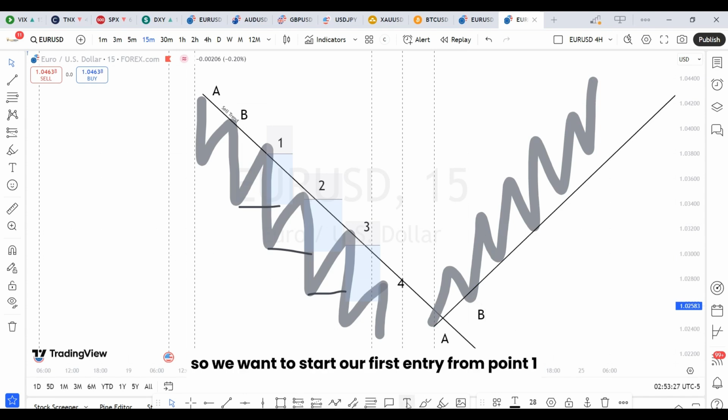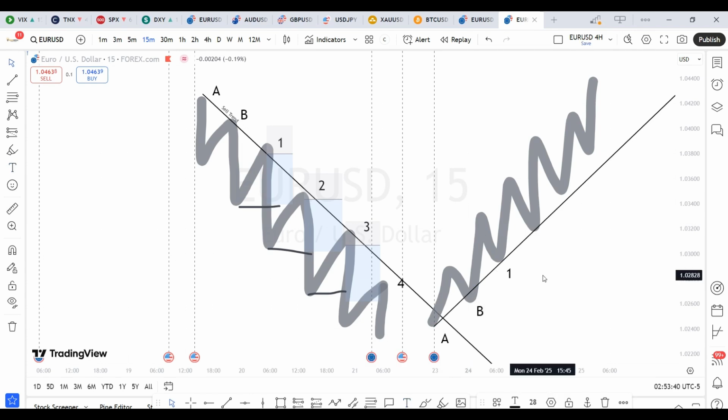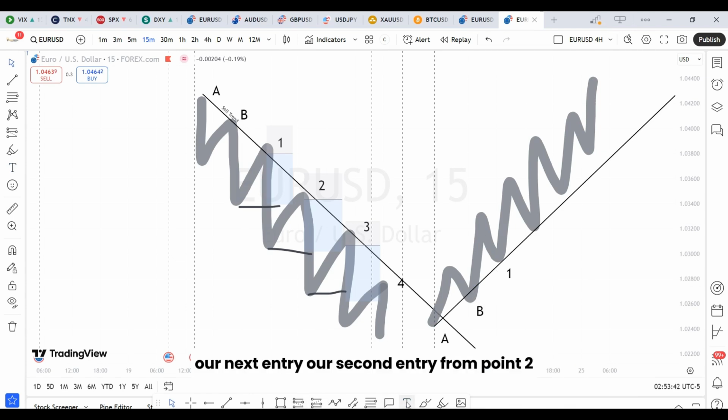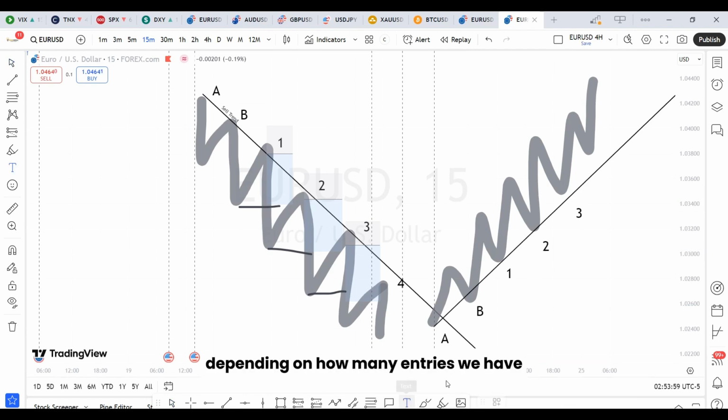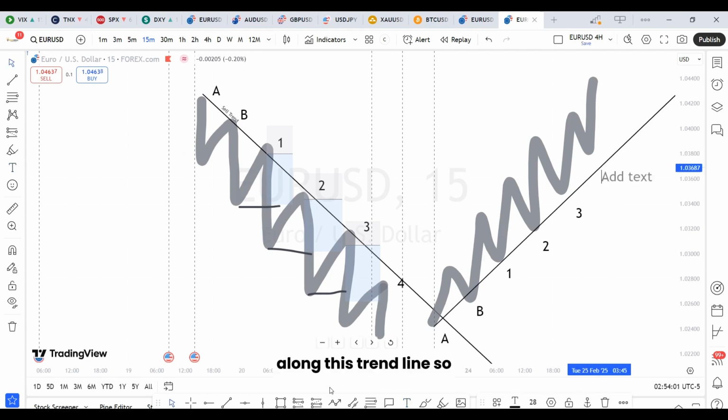So we want to start our first entry from point 1. Our next entry, our second entry from point 2. Our third entry from point 3, and so on and so forth, depending on how many entries we have along this trend line.